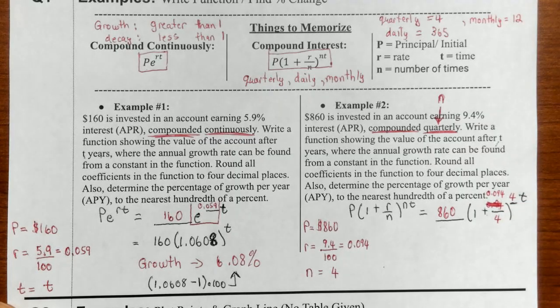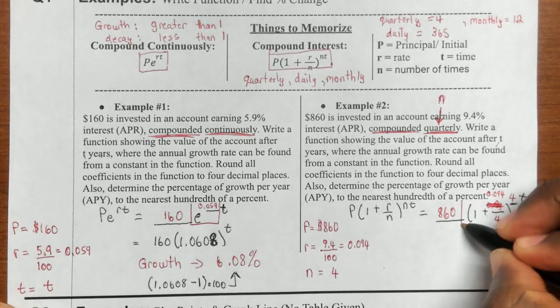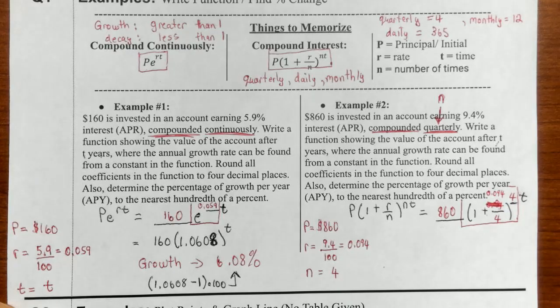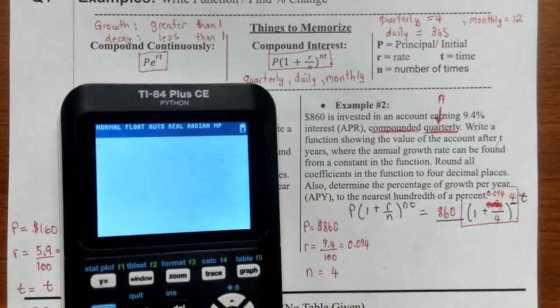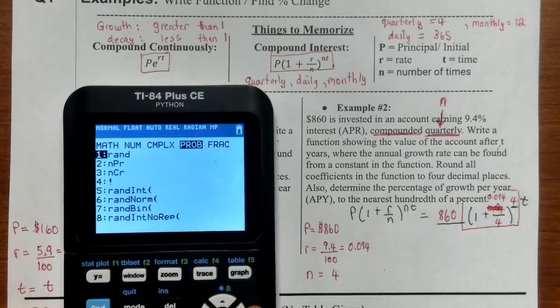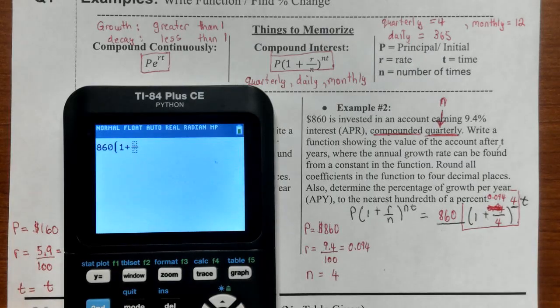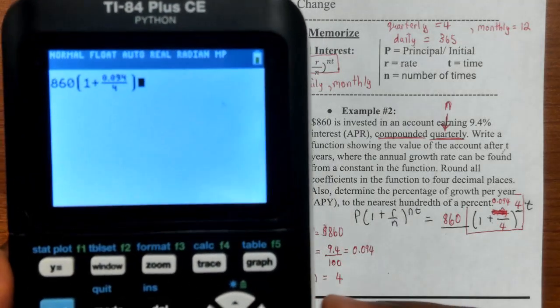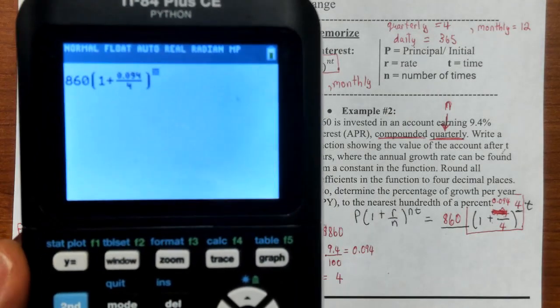Okay, so all I need to do now is calculate what I have in a box right here. So I calculate everything right here, including the exponent. So I'm going to plug all of that in my calculator. In my calculator, I would type 860 parentheses 1 plus, and then I make a fraction, 0.094 over 4, multiplied by the exponent 4.